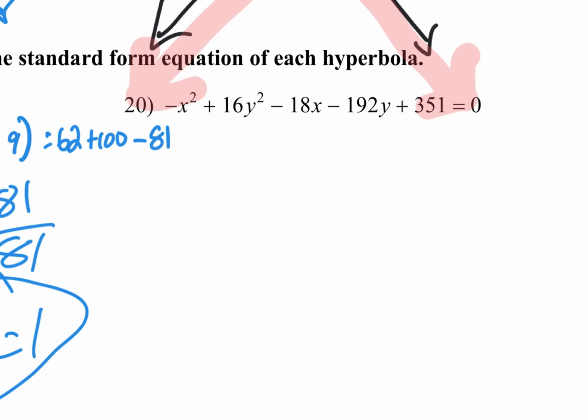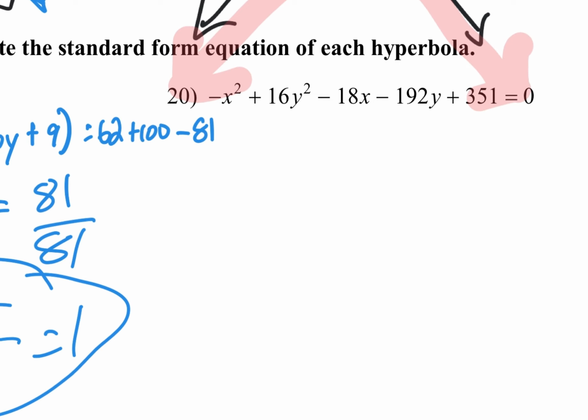Last one. So we've got negative x squared plus 16y squared minus 18x minus 192y plus 351.